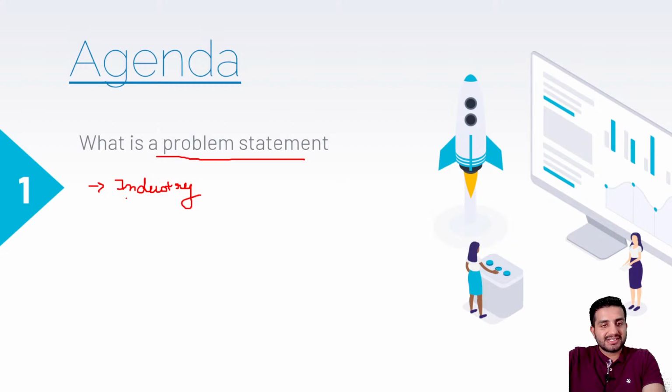And obviously in this case, industry is going to play a very prominent role. We talk about domain-level problems. For example, say the healthcare industry has its own subjective problems.